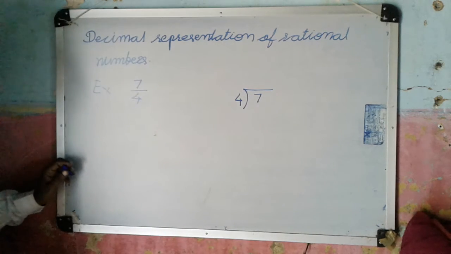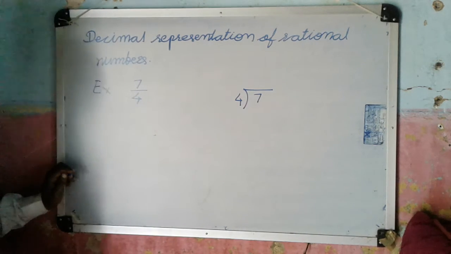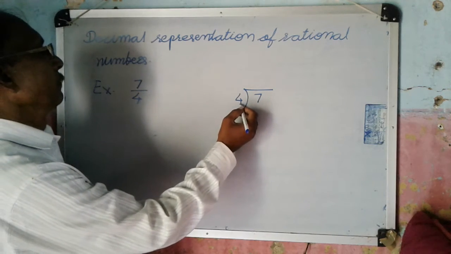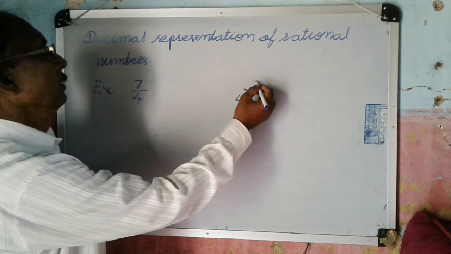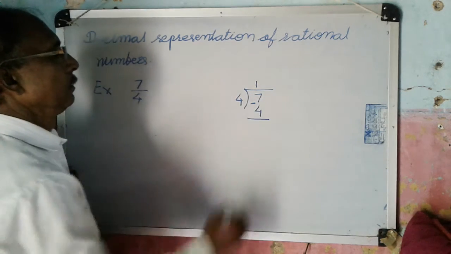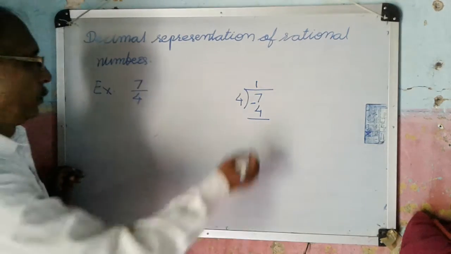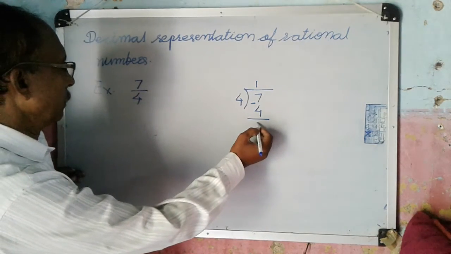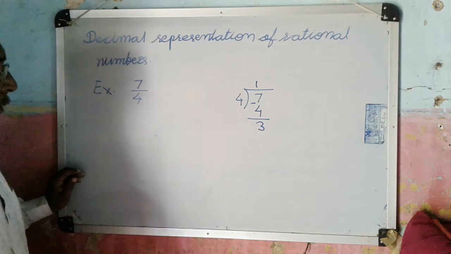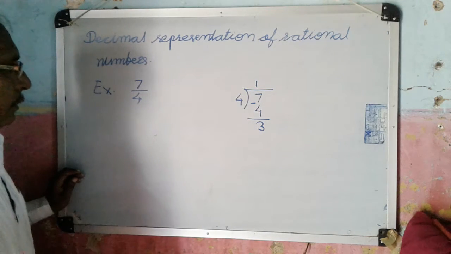7 divided by 4. So the first quotient will be 1. 4 ones are 4. Now 7 minus 4, here we get 3. Now see here, remainder is 3.